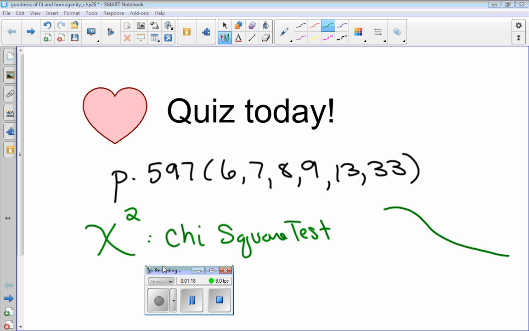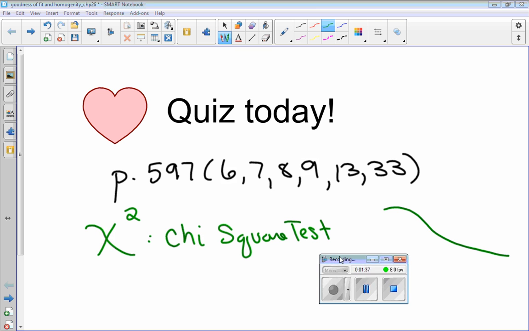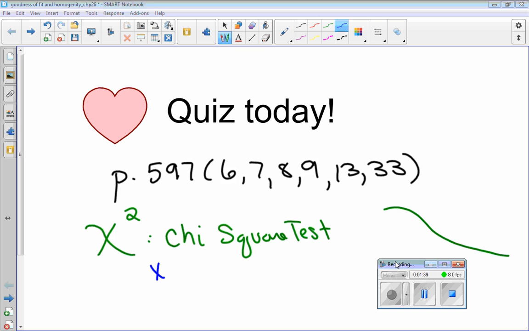So it has a different shape altogether. It has some things that are familiar to us, though. It talks about degrees of freedom, much like a t-test has degrees of freedom, calculated a little bit differently, though.